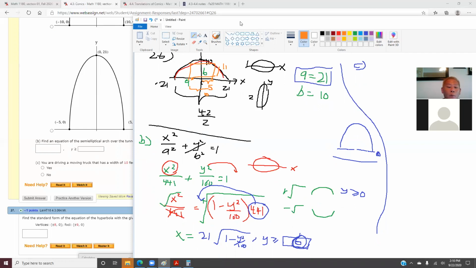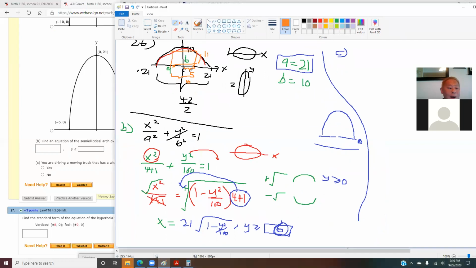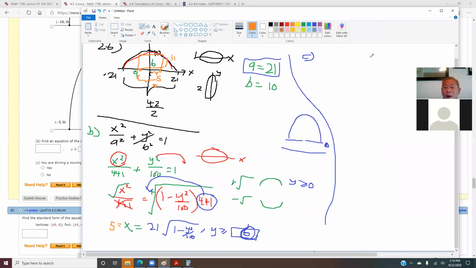How do I get 5? It's half of 10 because you drive in the middle. So we plug x equals 5 into this equation and figure out whether your y is greater than 11 or not, because if it's more than 11, it's no good. That means you cannot drive through it.